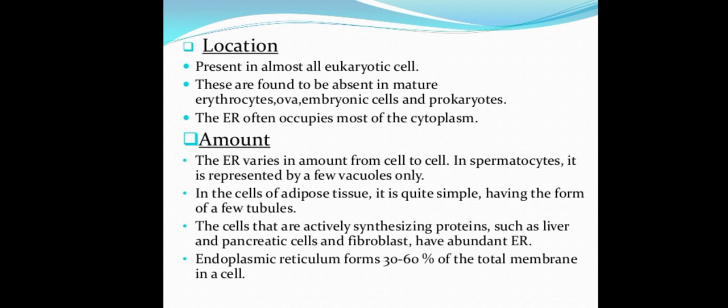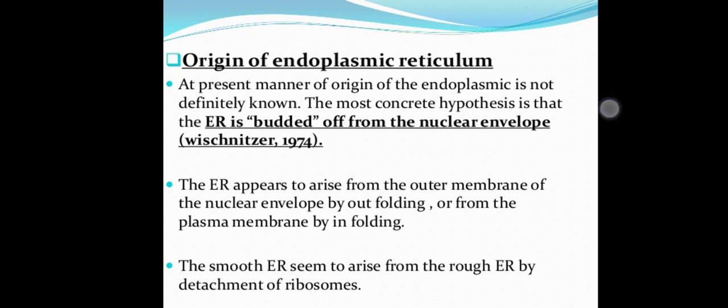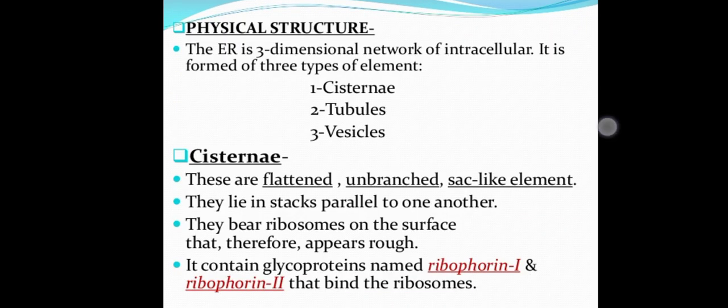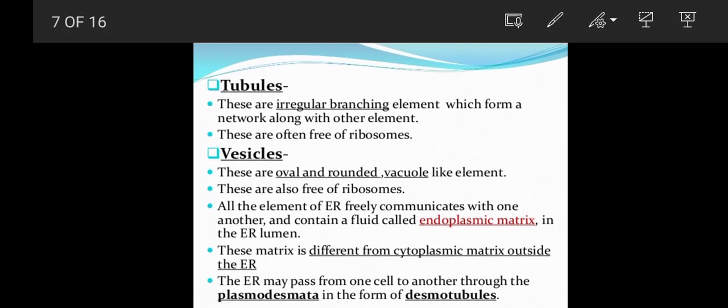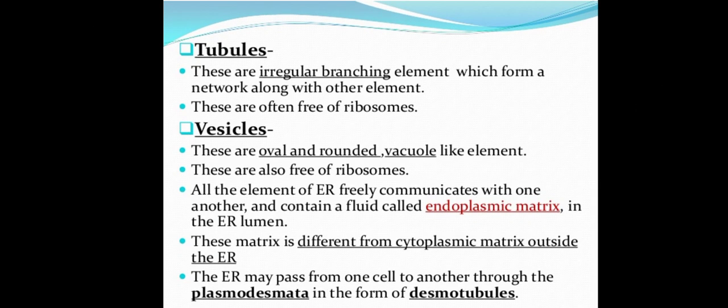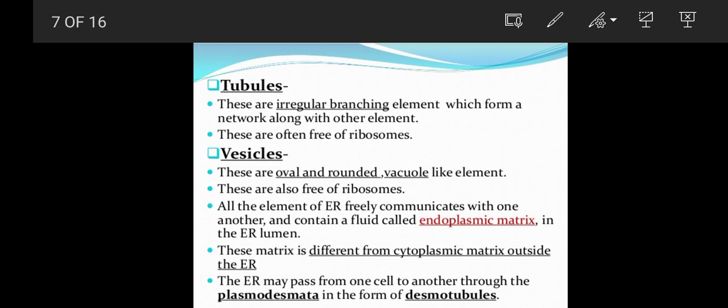Next we are going to learn the structure of the endoplasmic reticulum. Endoplasmic reticulum consists of three main components. They are cisternae, vesicles and tubules.